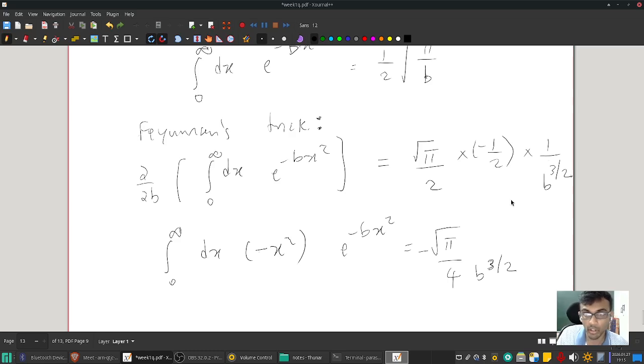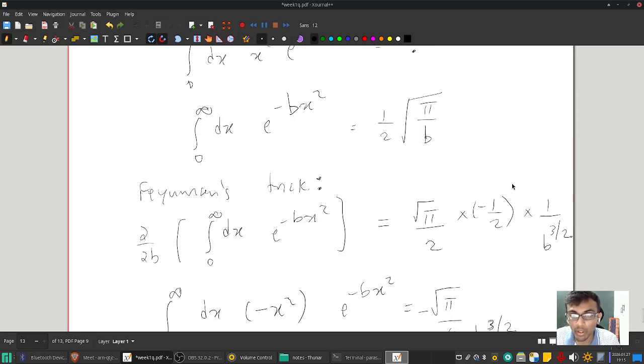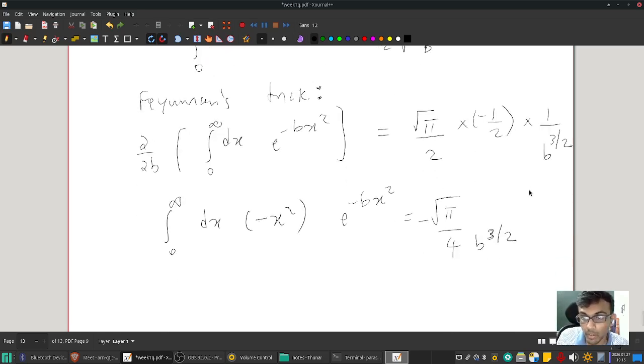Actually, let me check if the Gaussian integral I wrote is correct, including the factors. Yeah, it is correct. Okay. Great.